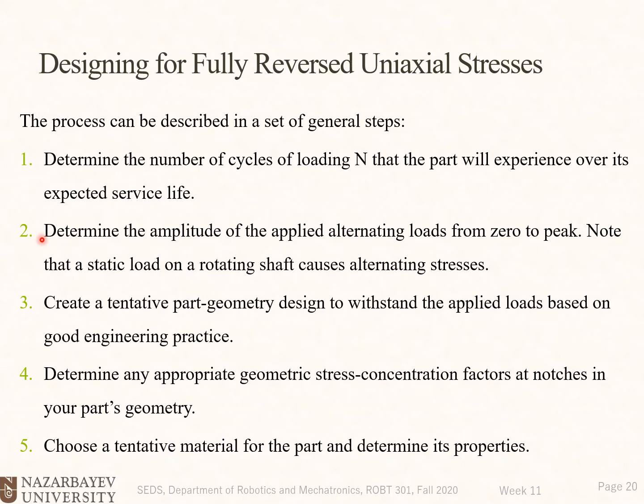Note that a static load on a rotating shaft causes alternating stress. So we need basically that sigma A. Remember, we are investigating fully reversed load, so the mean value of the stress is zero. And we only need to calculate the sigma A, or alternating component of the stress.